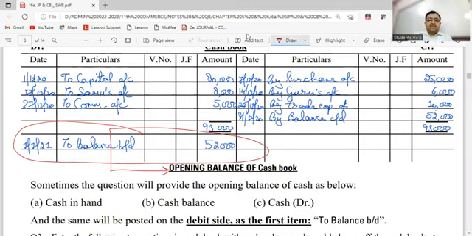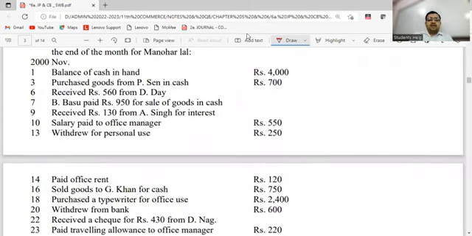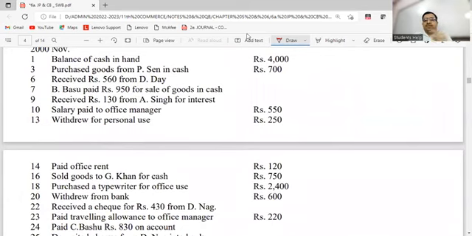The question will now provide, as the first item in every question, cash in hand or simply cash within brackets debit. So now we'll start the question like it is written here, children, balance of cash in hand.